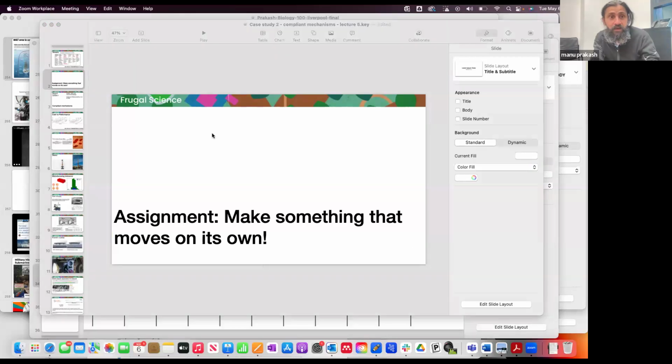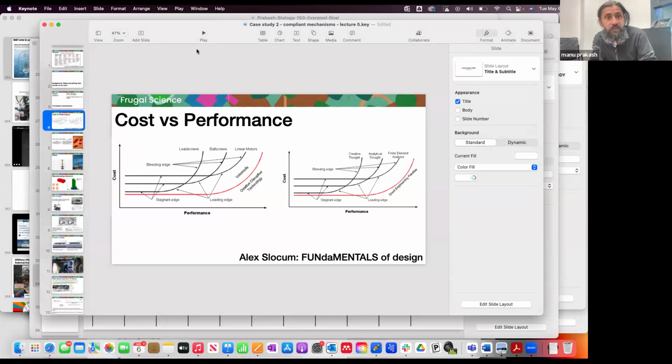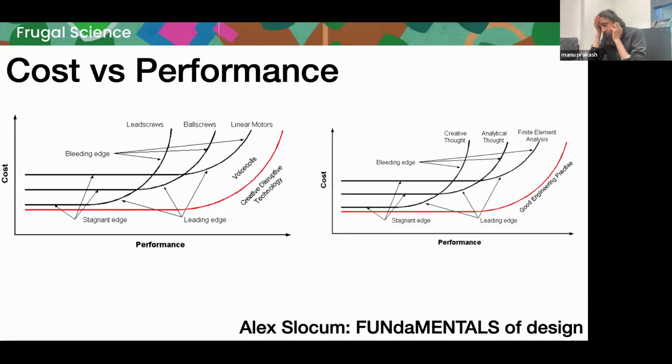And that's the point of what I want to talk about today: compliant mechanisms, where the idea is that we have a framework in how to think about structures that can move while still being single pieces. And so this is an entire design phase.